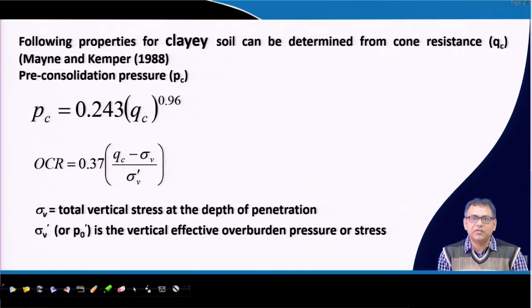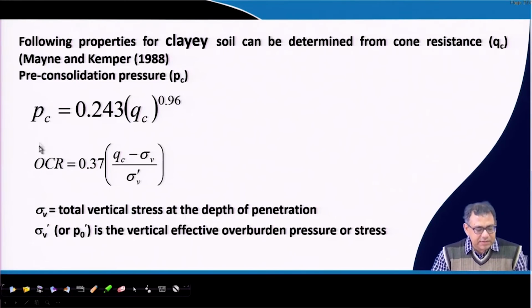But if the current stress is less than PC, then the soil is called over consolidated, because the previous stress was more than the current stress. So, that PC value is very important to identify, because based on that we can identify whether the soil's current state is over consolidated or normally consolidated.